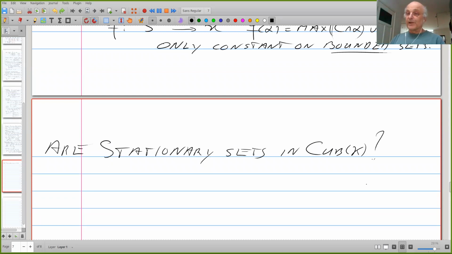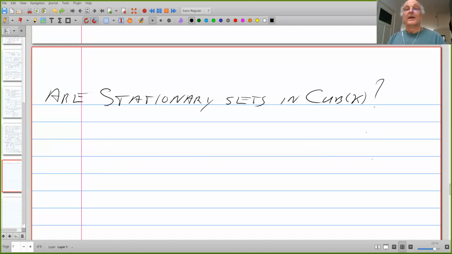One question that we haven't answered, and for all we know, this might be the case, is why did we define stationary sets at all? Is it perhaps the case that stationary sets are so big that they actually contain closed unbounded sets, and we are only talking about closed unbounded sets essentially here? The answer is no, definitely not.